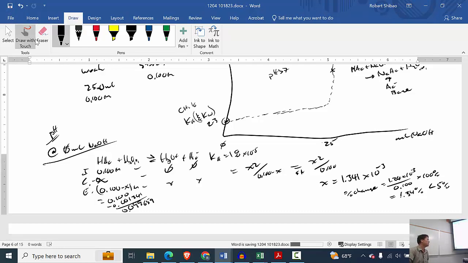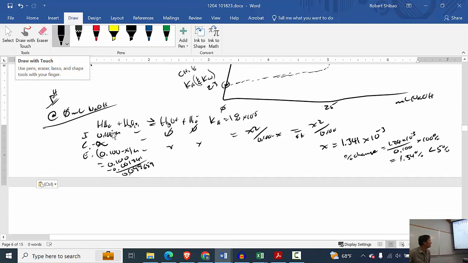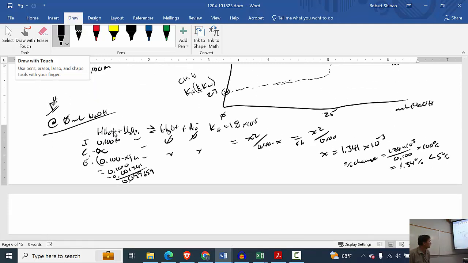When the percent change is like 10 to the minus 8%, then there's no reason to do the quadratic. But when it starts to creep up, you might consider doing the quadratic to get a more accurate answer. In this case, it would be pretty simple, so let's do that as an aside calculation.